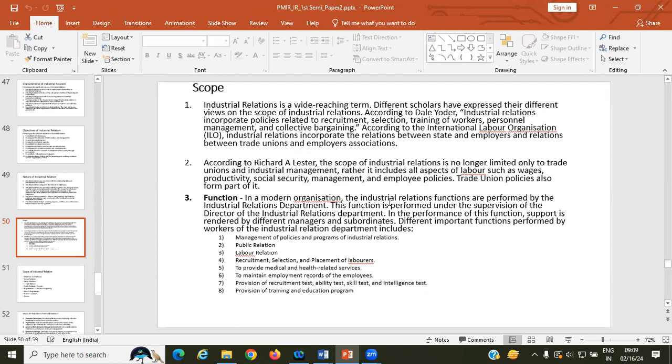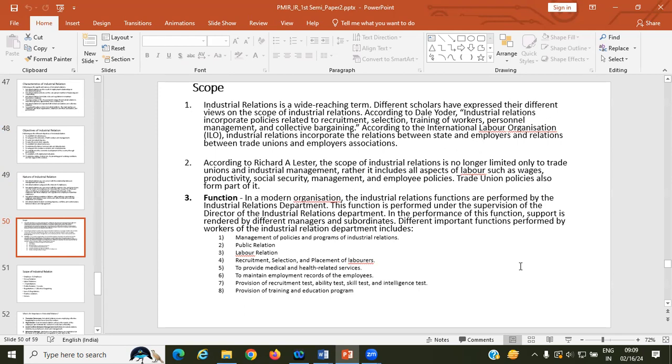Industrial relationship is a wide-ranging term. Different scholars have expressed their different views on the scope of industrial relationship. According to Dale, industrial relationship incorporates policies relating to recruitment, selection, training of workers, personnel. That means everything.